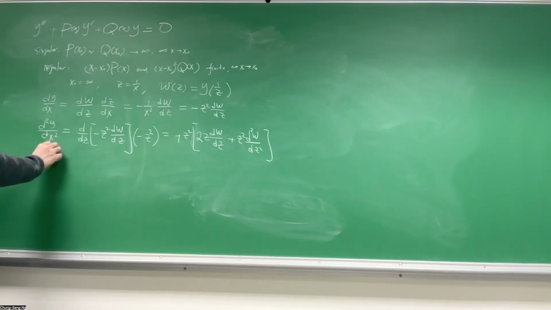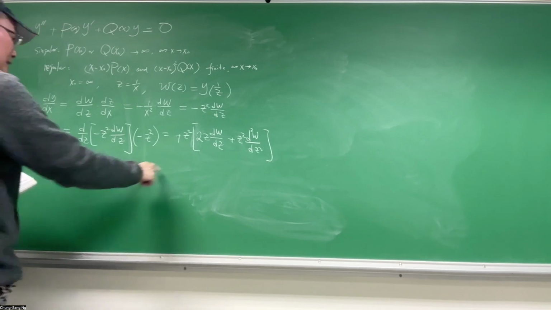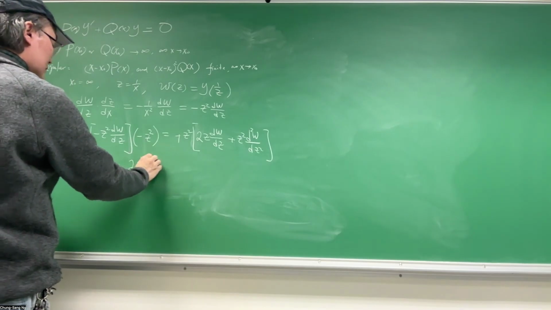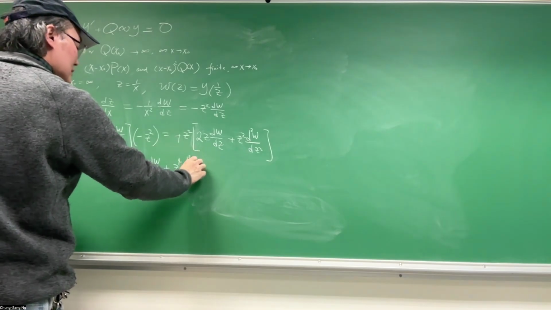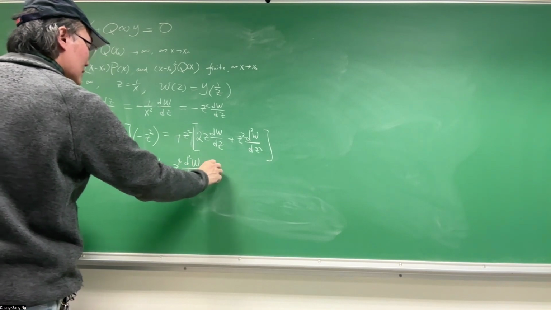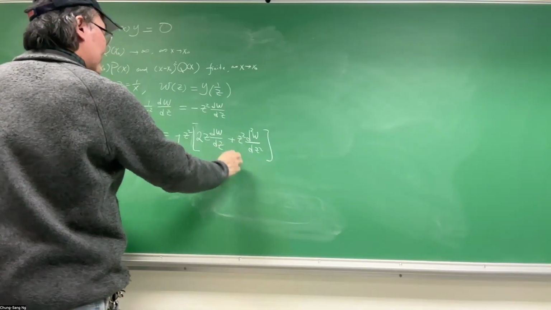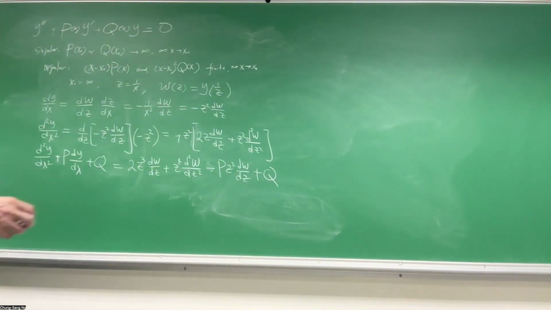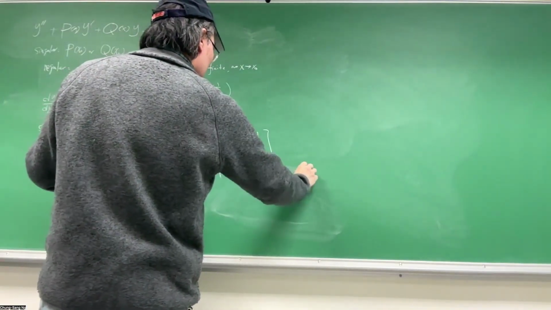So d squared y dx squared plus p dy dx equals this one: the 2z cubed dw dz, z to the 4th power d squared w dz squared, plus p is actually minus z squared dw dz, plus q w, that equals 0.